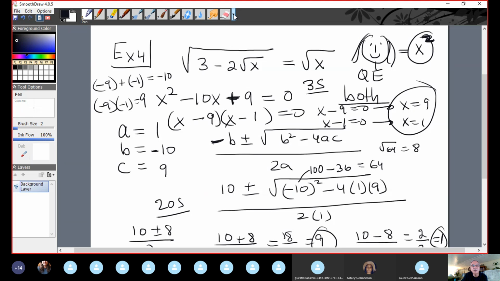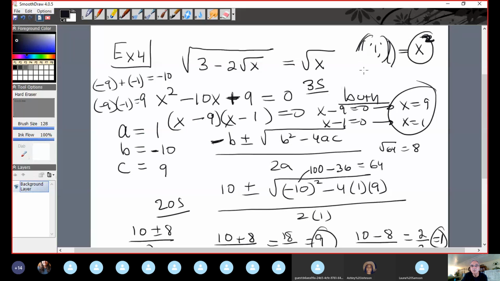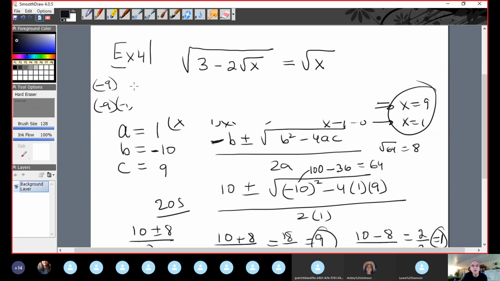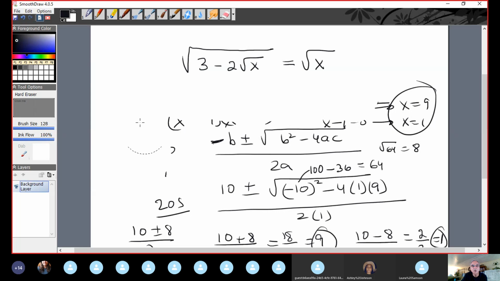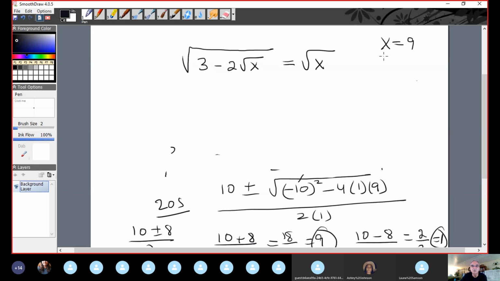So the solution is... let me erase everything except the solution and the original equation, because remember, I need to verify in the original equation. So the values I need to verify are x equal to positive 9 and positive 1. Both positive, right?